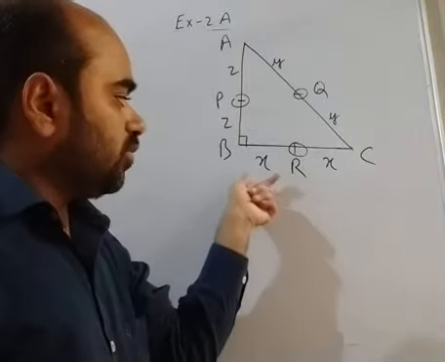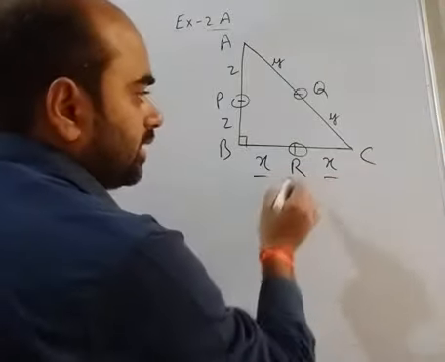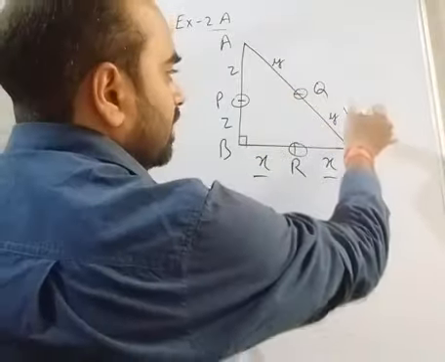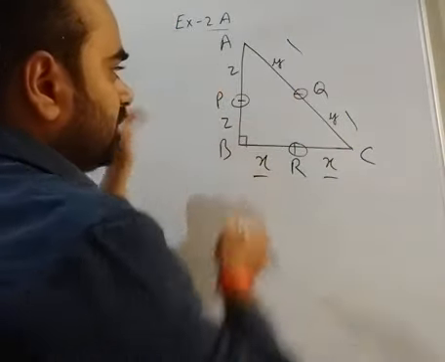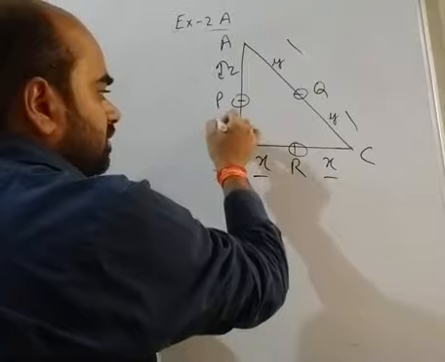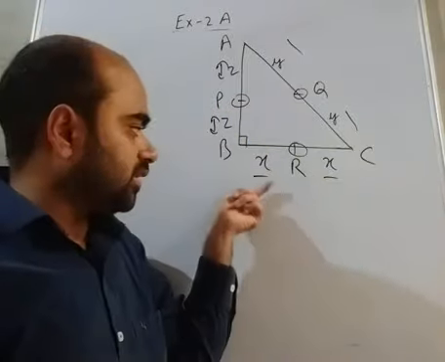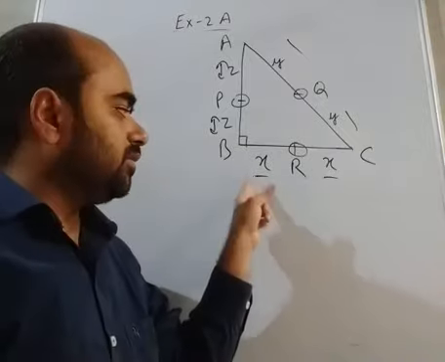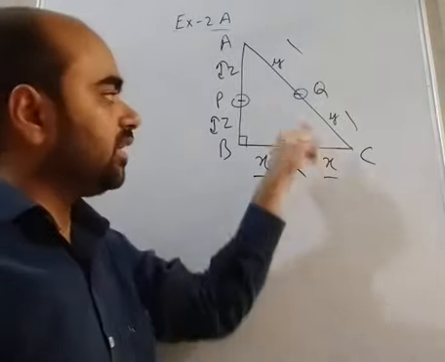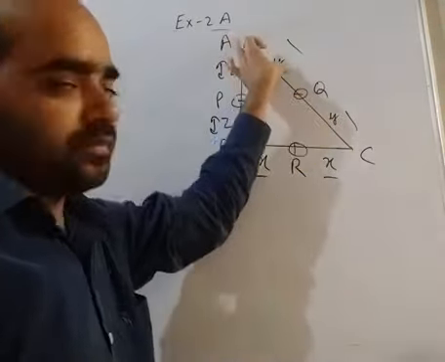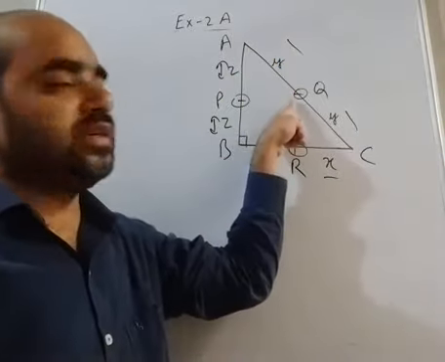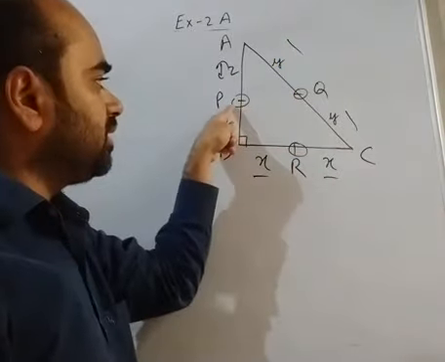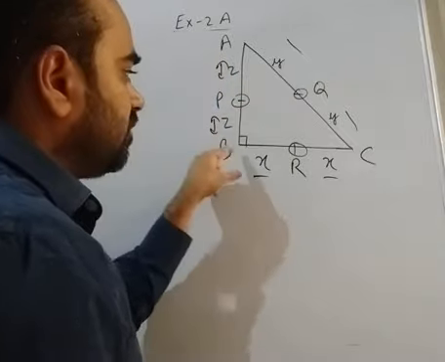R is a midpoint, so these two will be equal, x and x. Similarly, these two will be y and y. If P is a midpoint, we can take z and z. We do not know the value, but if this is 2 cm, this is also 2 cm. Similarly, Q is a midpoint, so if this is y, this will also be y.